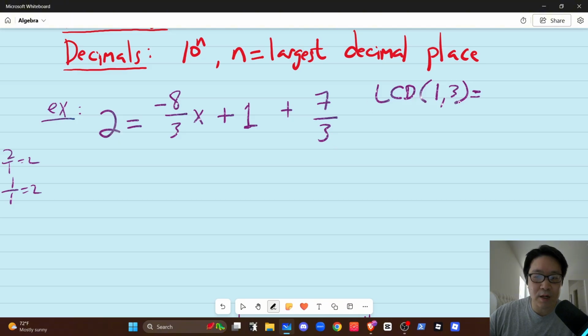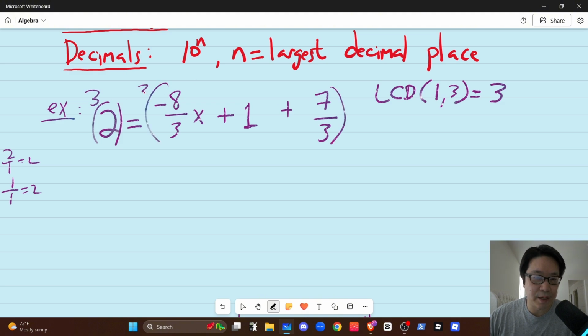So the LCD of 1 and 3 is what? It's 3. Anytime you have two numbers where one number divides evenly into the other number, the LCD is just going to be the larger number. So all you have to do then is multiply both sides by 3.